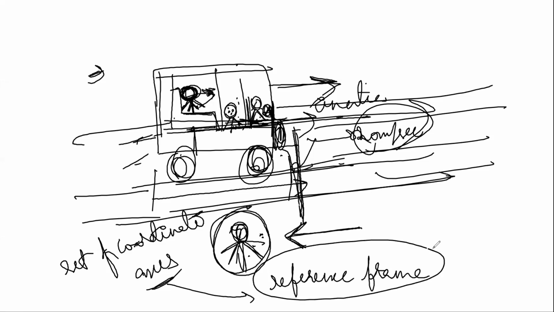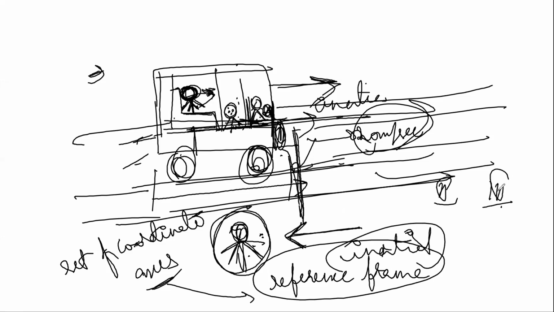Reference frame. Okay, a frame of reference is said to be inertial when in this frame all Newton's laws are valid. When all Newton's laws are valid, then this frame of reference can be called an inertial frame of reference. Let me discuss this topic a little bit later, because I want to go for Newton's second law, Newton's third law now. So this is called inertial frame of reference.